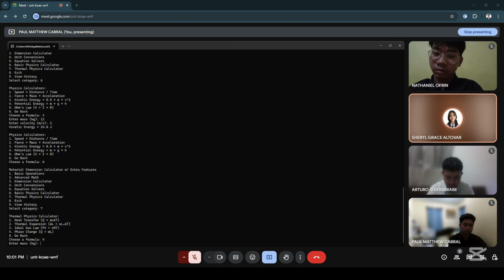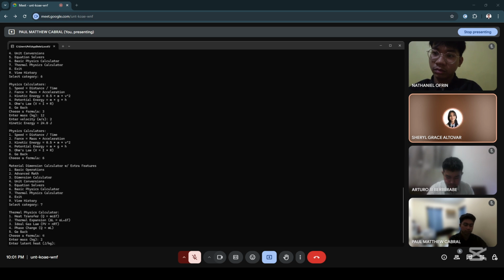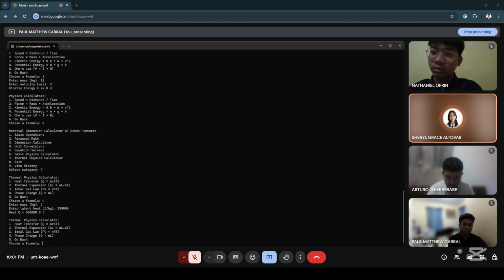Third, we input its mass in kilograms, let's say 2 kilograms. Lastly, we input the latent heat, which is in joules per kilogram. Let's use 330,000 joules per kilogram, the latent heat of fusion for ice, for example. The calculator gives us phase change heat equals 668,000 joules.